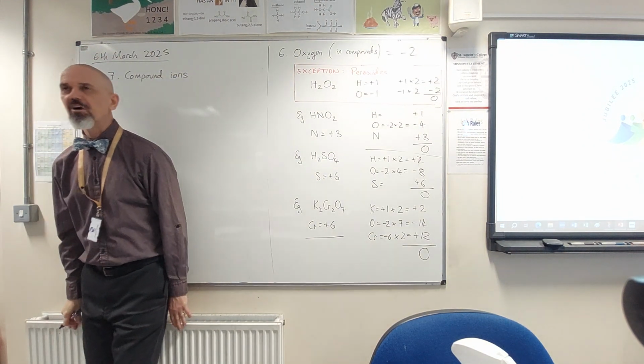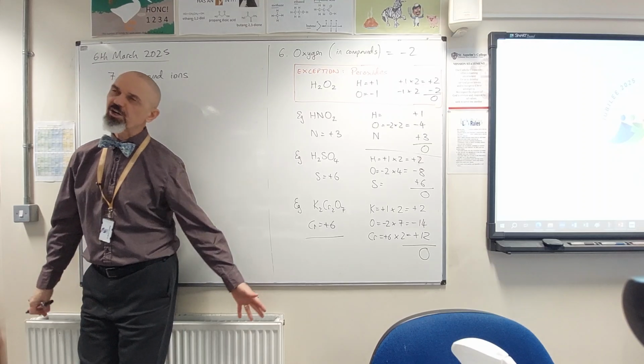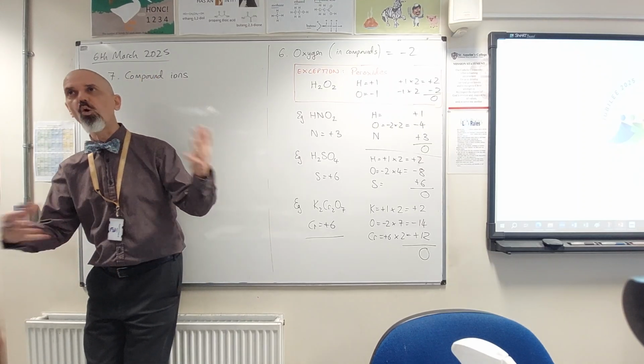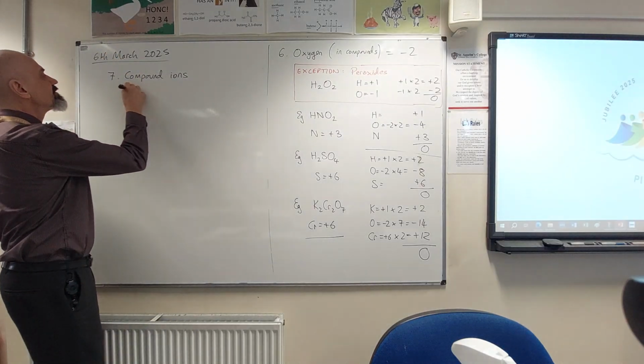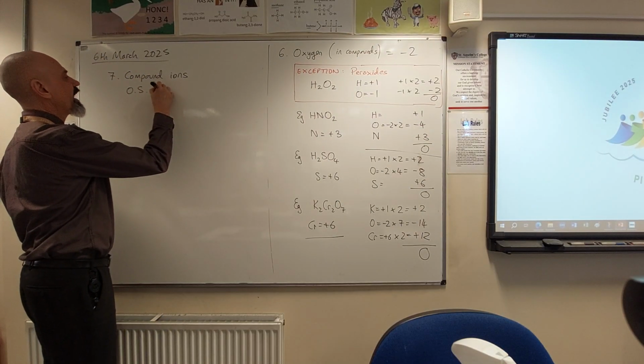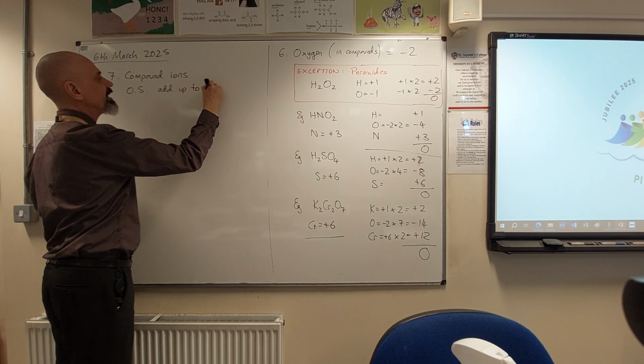So remember, the rule for ions is the oxidation state is the same as the charge on the ion, and the rule for compounds is the oxidation states all add up to 0. For compound ions, the oxidation states all add up to the charge on the ion.